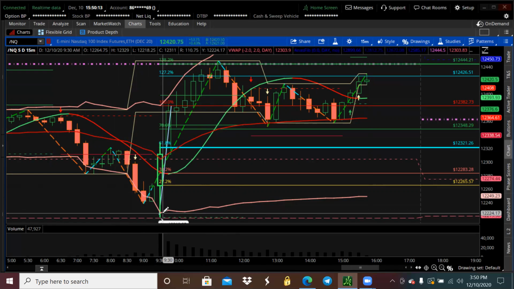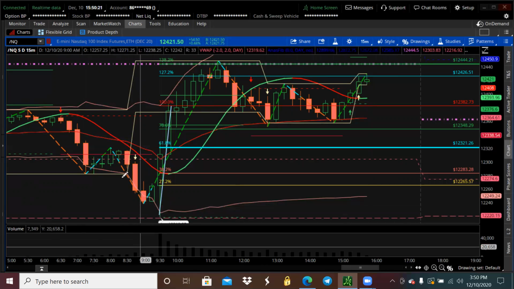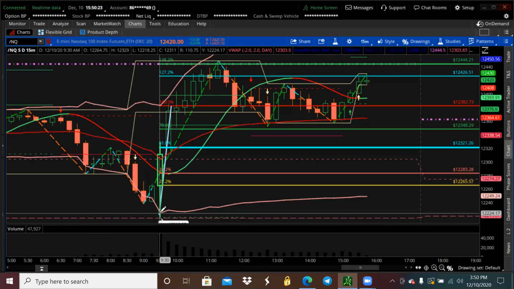If you don't have MPD bands, you need to get it. So let me know if you don't have it and I can give it to you. So these are my setups. This is what I look for when we go here. That is the possibility that we might retrace.